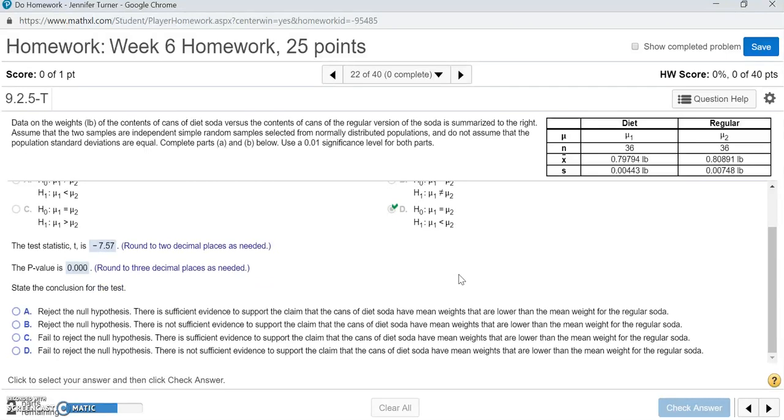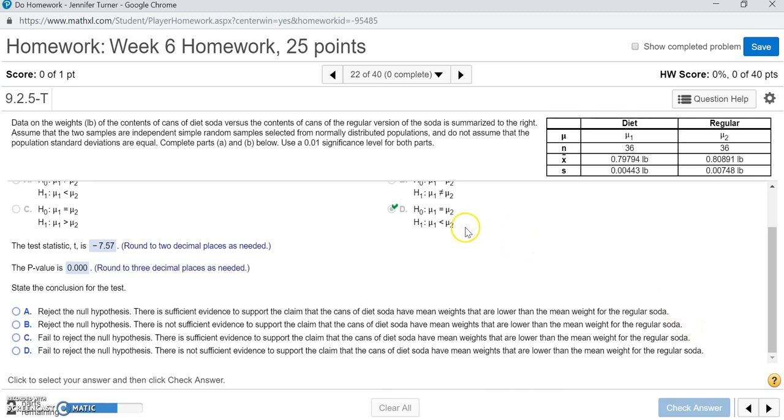So if I come down here, let's read those and see which one is stating that in the sentence that follows the first statement. There is sufficient evidence to support the claim that the cans of diet soda have mean weights that are lower than the mean weights of the regular soda. Yes, that's correct. The second one says there is not sufficient evidence to support the claim that the cans of diet soda have mean weights that are lower than the mean weights of regular soda.